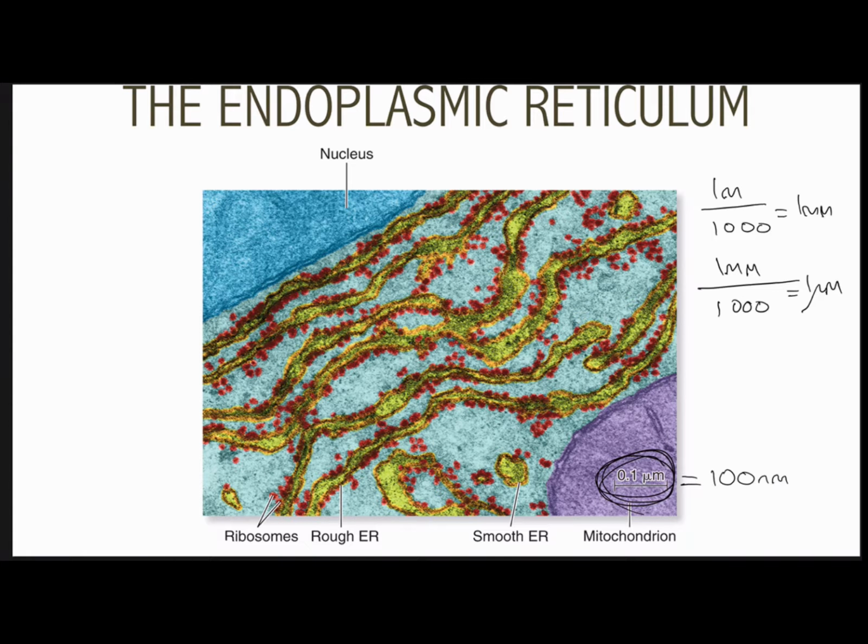And we're looking at this little bar here. That is 1/10 of a micrometer, which is the same as 100 nanometers. So 100 nanometers is equal to 0.1 micrometers. So that gives you an idea of the scale of these things and what they look like in an electron micrograph.